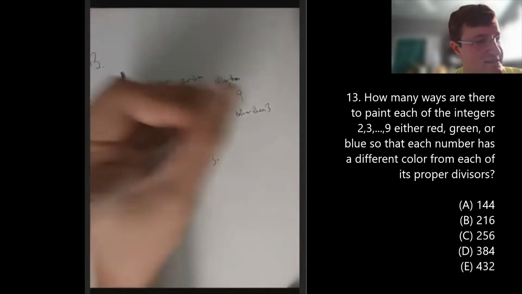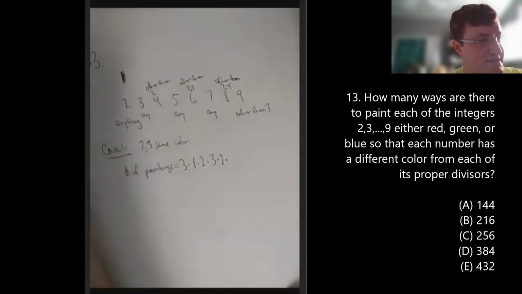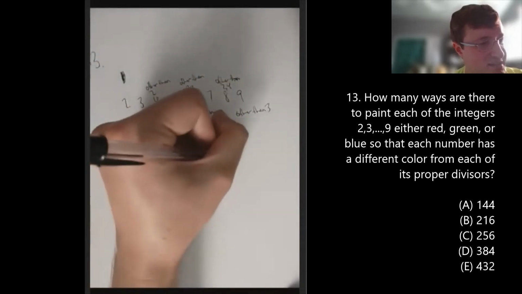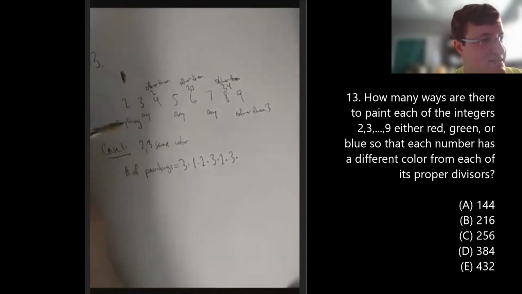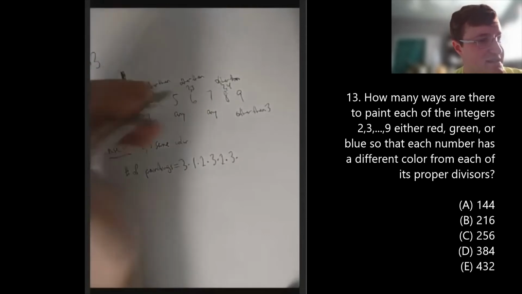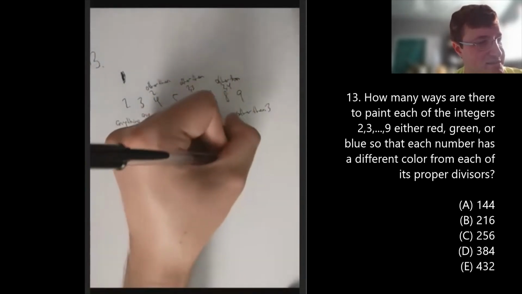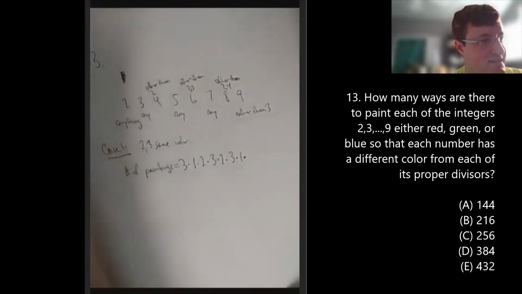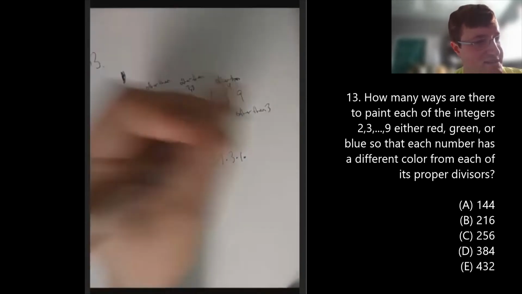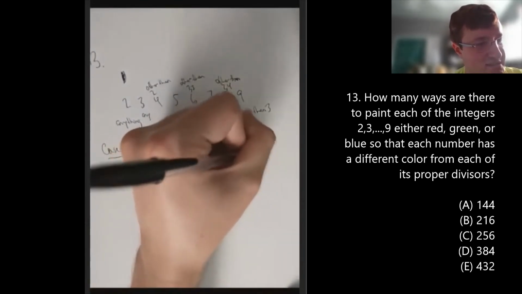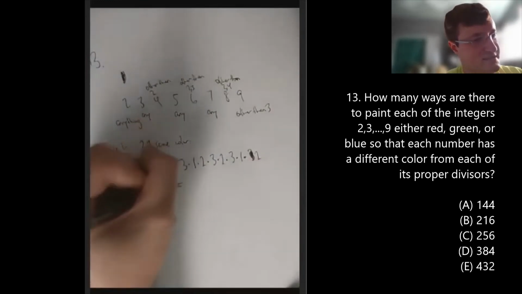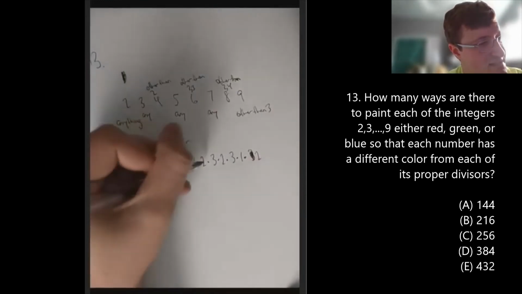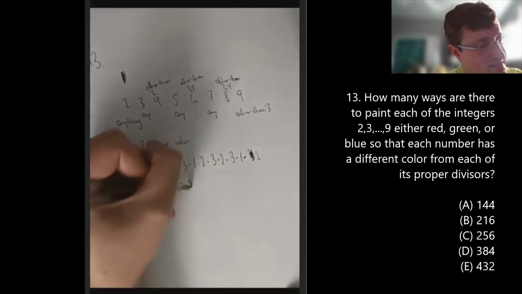So it's anything other than that 1 color we used, so 2 choices. 7 can be anything. 8 can be anything other than 2 and 4. Those are different colors, so it has to be a different color from the rest, so there's only 1 choice. And 9 can be anything other than what 3 is, so 2 choices. Okay, so that's a lot of 3's and 2's. 6 times 6 times 6, so that's 216.